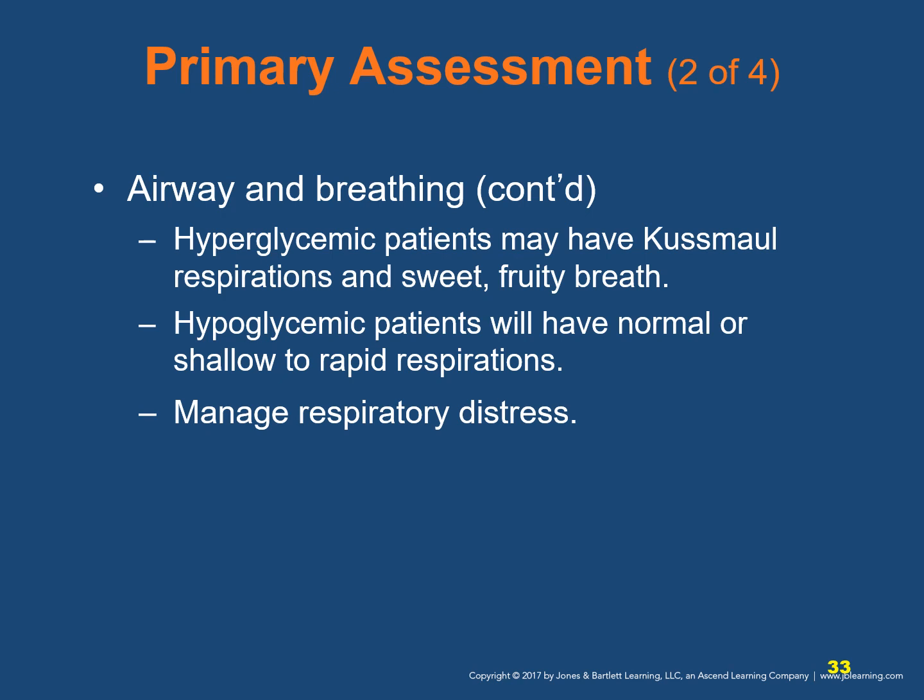Hyperglycemic patients may have rapid, deep Kussmaul respirations and sweet, fruity breath. Hypoglycemic patients will have normal to shallow rapid respirations. If the patient is not breathing or is having difficulty breathing, open the airway, insert the airway adjunct, administer oxygen, assist ventilations, and continue to monitor ventilations throughout the patient's care.